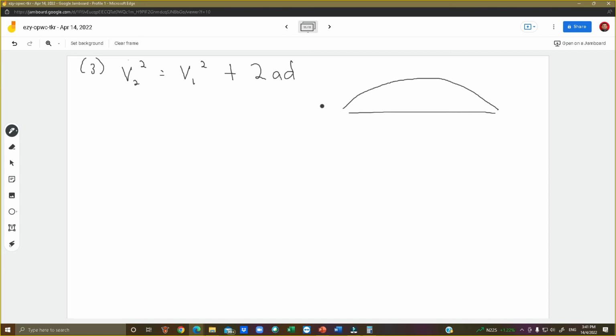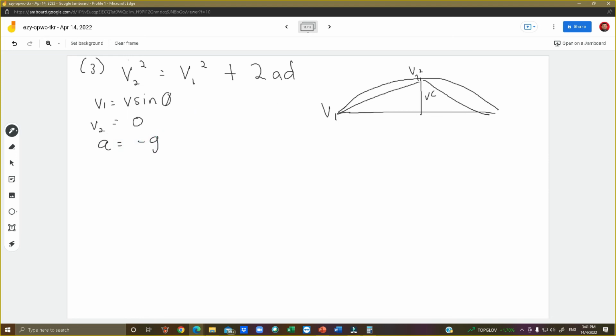Means that V1 will be here and V2 as the first one will be at the apex. So, macam equation pertama tadi, V1 is equals to V sin theta. Sama. Okay, pasal it still involve vertical component and it still involve the hypotenuse. Okay, and then V2 at the apex, it will be 0. And acceleration is negative G.